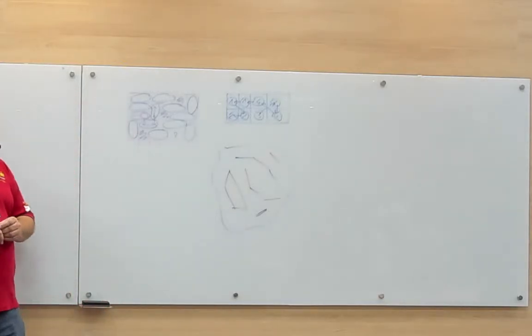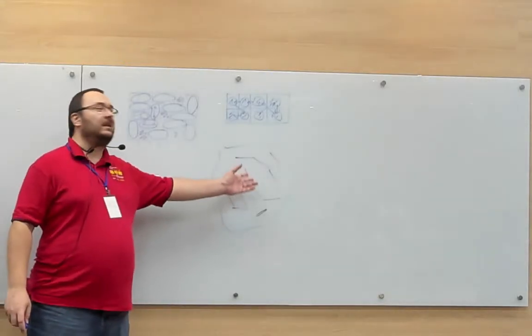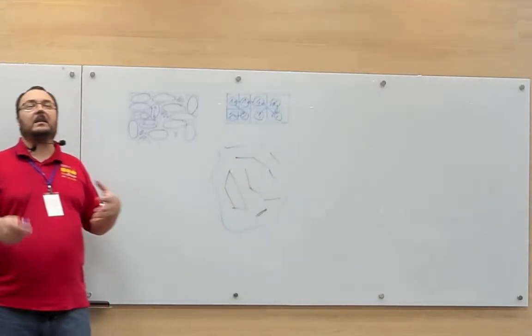This is called an augmenting path, and many algorithms to construct the maximum matching are based on somehow finding such an augmenting path and then improving the matching.